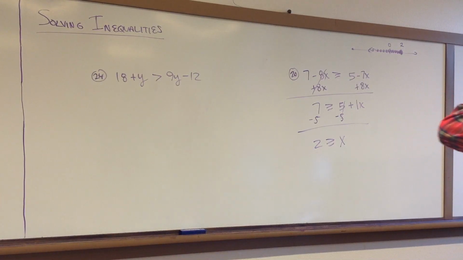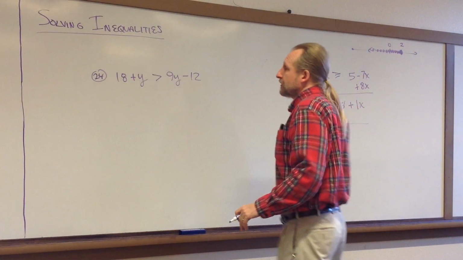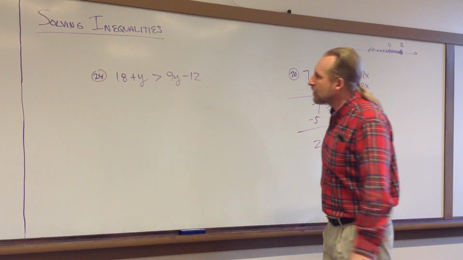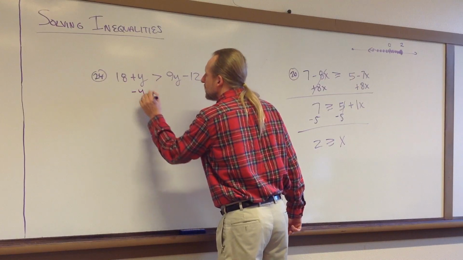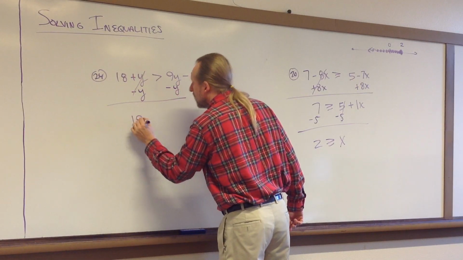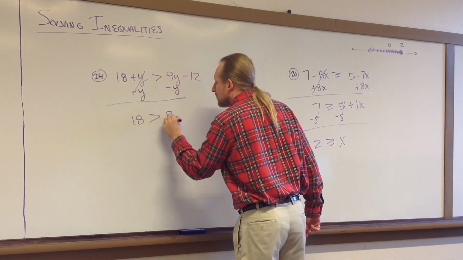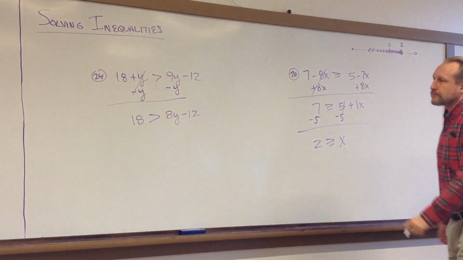In this one, both of these y's are positive. This is positive 1y, this is positive 9y. If I want to move them, I'm going to have to subtract. So I'm going to subtract this one. Minus 1y, minus 1y, those cancel. This stays the same. 9 minus 1 is 8y, and then the minus 12.